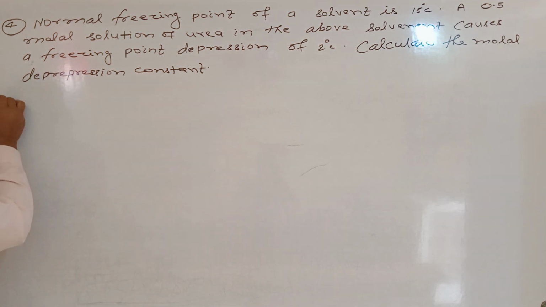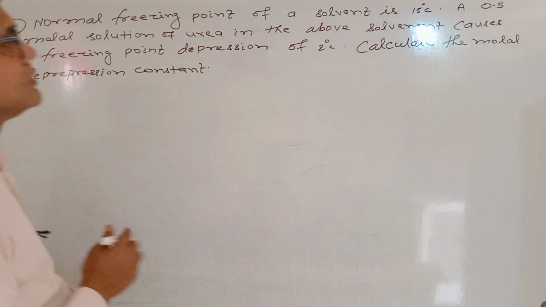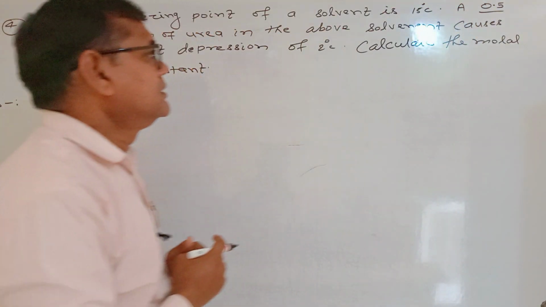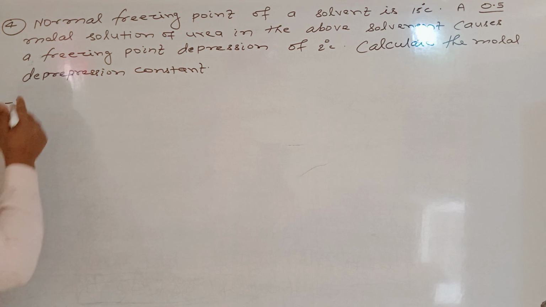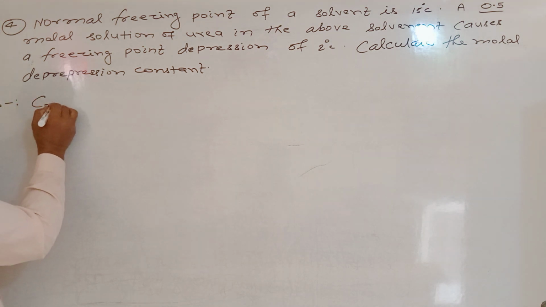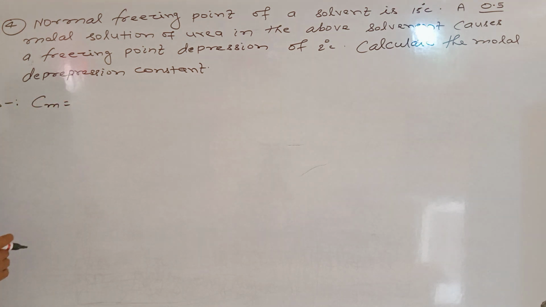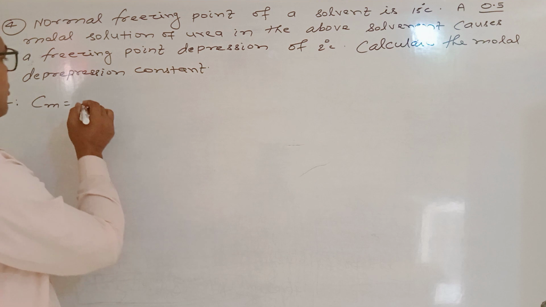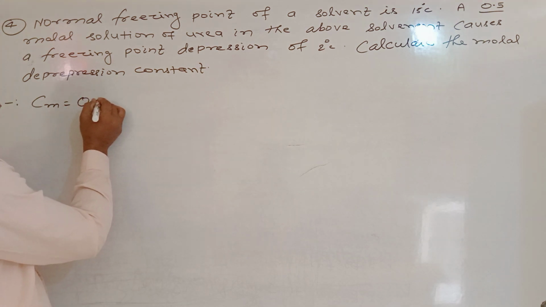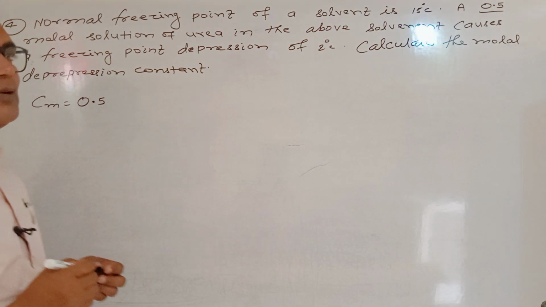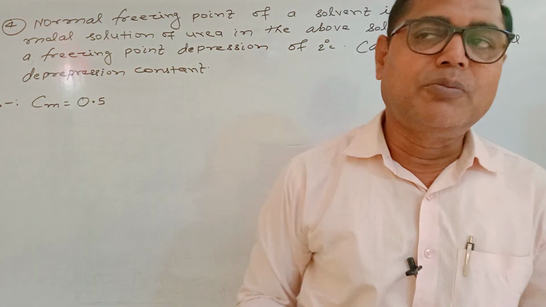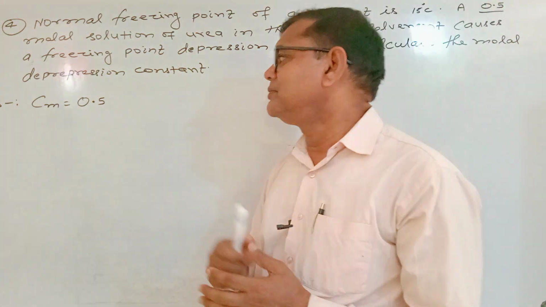In the question, it is a value of Cm which indicates molality of the solution. Therefore, we write Cm is equal to 0.5 m.